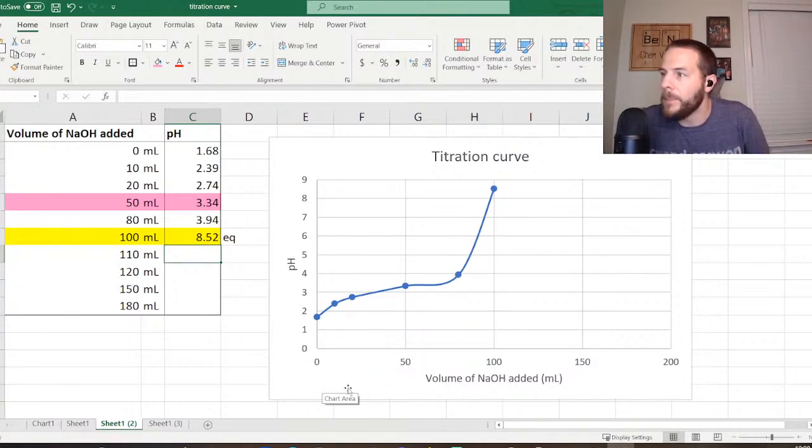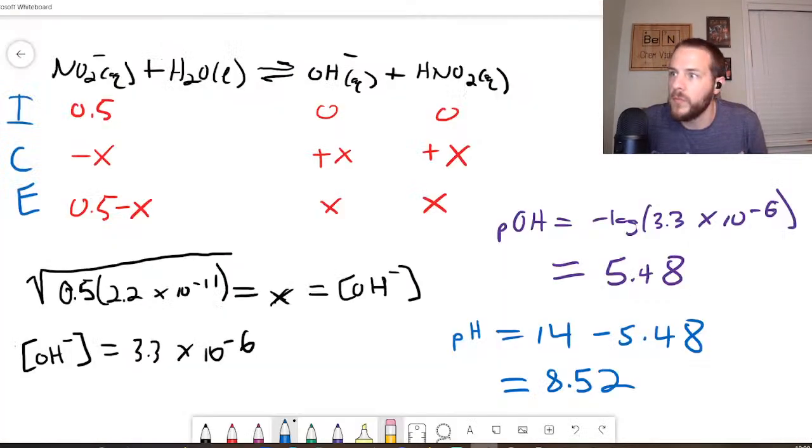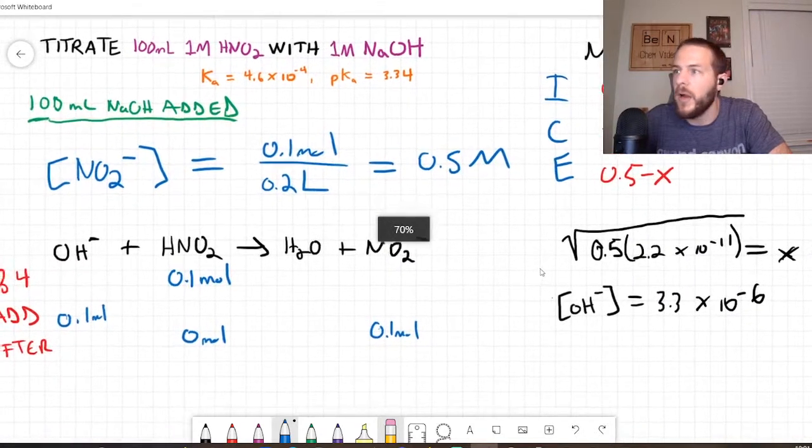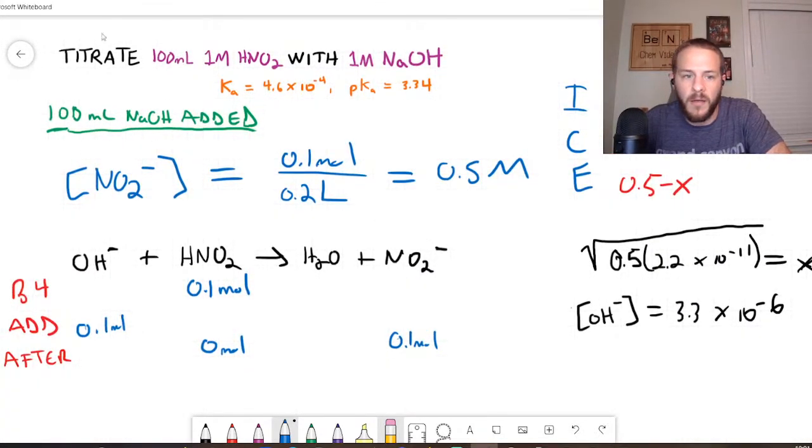I think it might be worthwhile to backtrack a little bit and go over all of the parts of how to solve that problem, because it was a very lengthy problem. I'm not going to say it was difficult, but there were a lot of parts to it. So again, we started by converting our added sodium hydroxide into moles, and figured out that we added 0.1 moles.